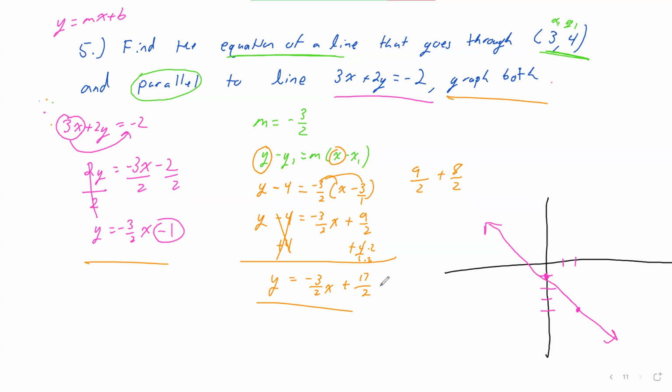This one's a little hard because it's a fraction, but how do I graph 17/2? So that's my y-intercept. What is 17/2? Anyone know as a decimal?